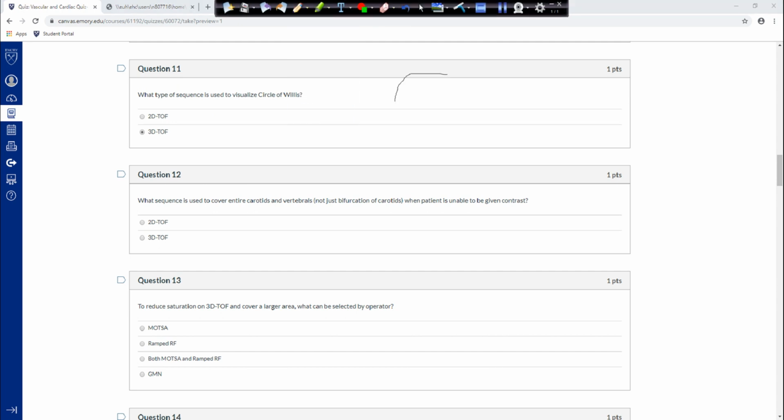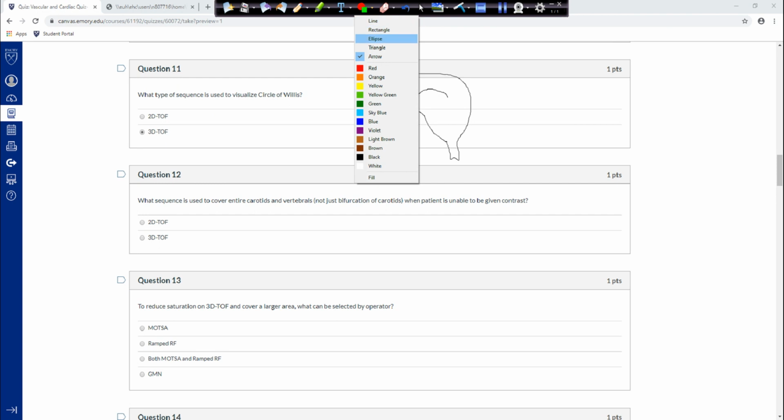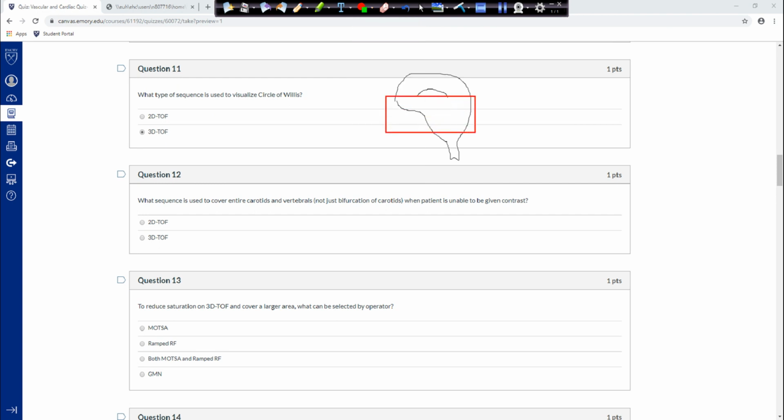So if this is our brain here, here's our corpus callosum. We usually want to cover with our field of view from the corpus callosum down to the foramen magnum.